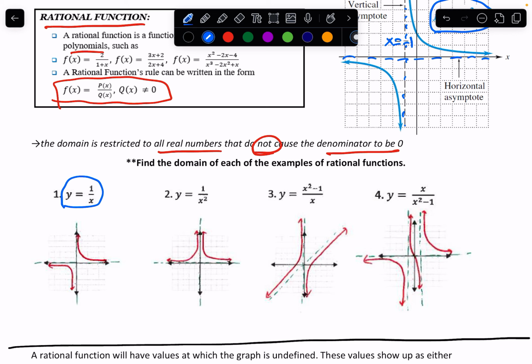Now if we look at the denominator here, we already can see that x cannot equal 0 because then we would be dividing by 0, and that means that it would be undefined. So our domain is going to be from negative infinity to 0, and 0 is not included, and then from 0 to infinity.